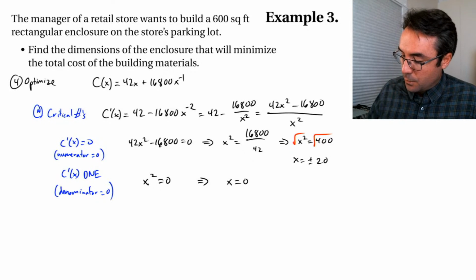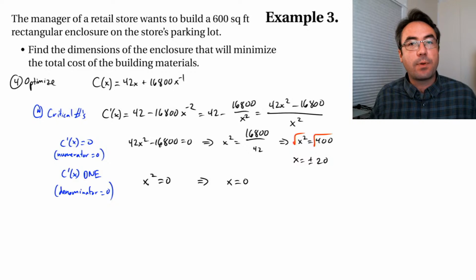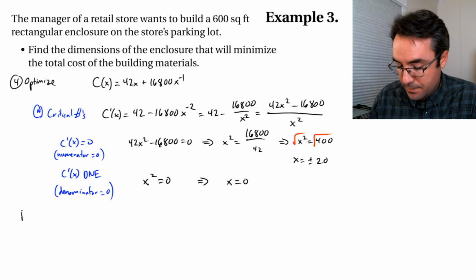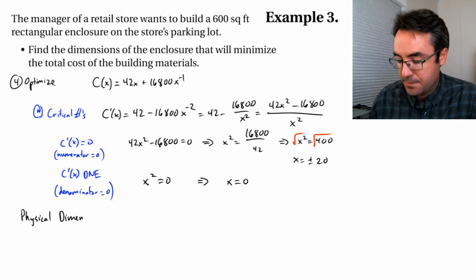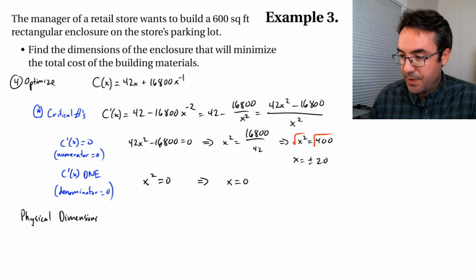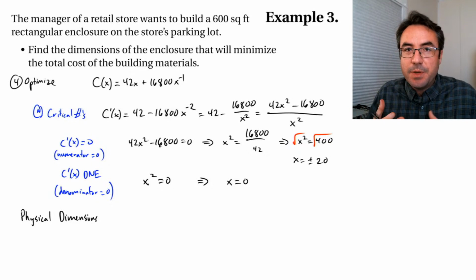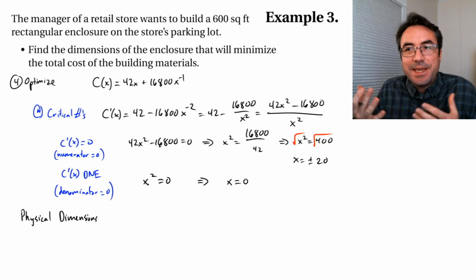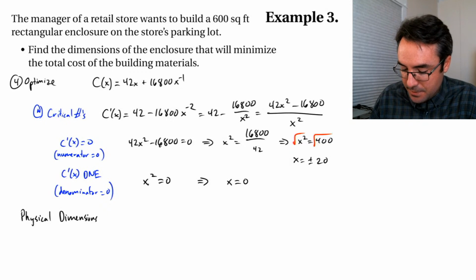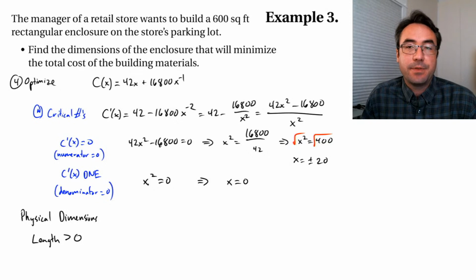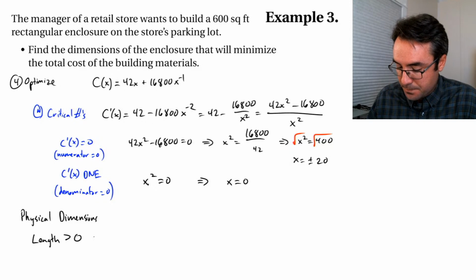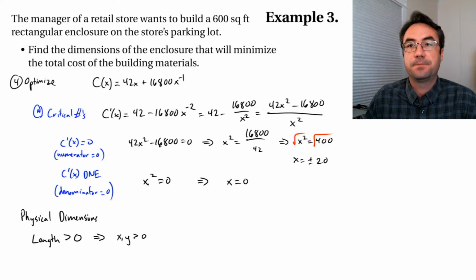But we're talking about an actual applied problem here. So we're talking about physical dimensions. So that means length. If we're going to be building a rectangular enclosure, we can't have negative lengths. We really can't even have a length of 0. So that means our lengths need to be greater than 0, which really means our x and y values need to be greater than 0.